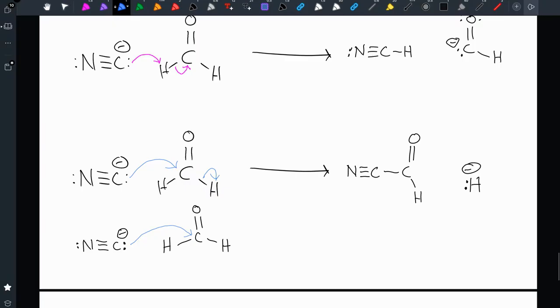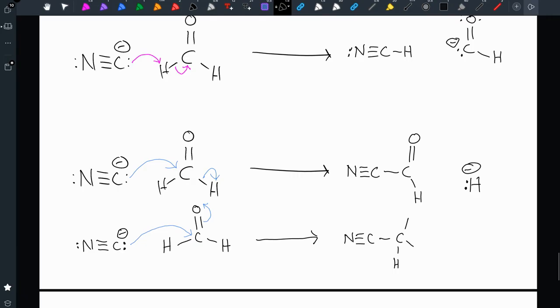So I'm going to have the carbon lone pair attack the other carbon, but in this case, I'm going to break one of the two bonds of the double bond, the pi bond, to make space. And now consider what that gives me.